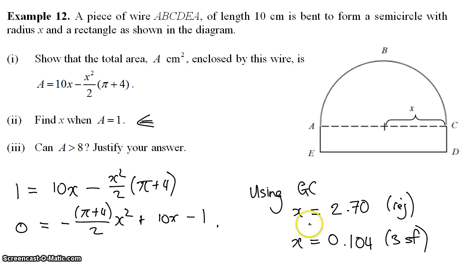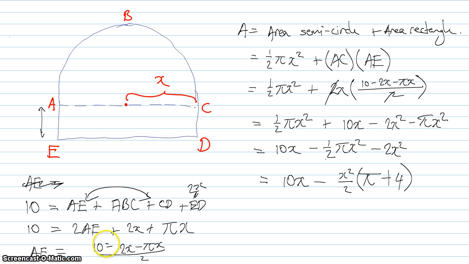Why did we reject x equals 2.7? Well, if x is equal to 2.7, then this length here, AE, is going to be negative. You remember what AE is equal to? If we look up here, AE is equal to (10 minus 2x minus pi x) all over 2.